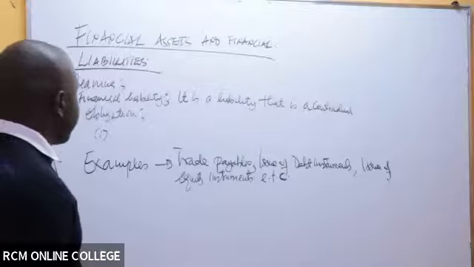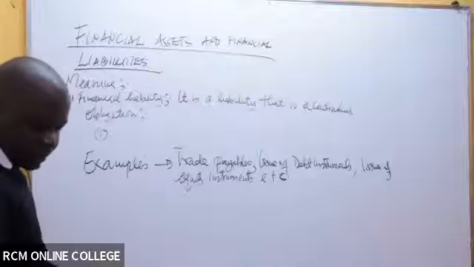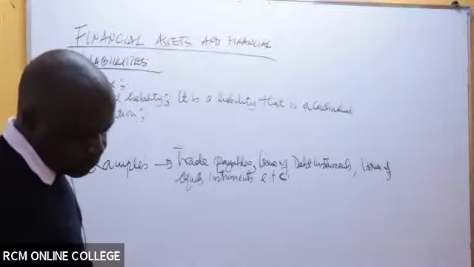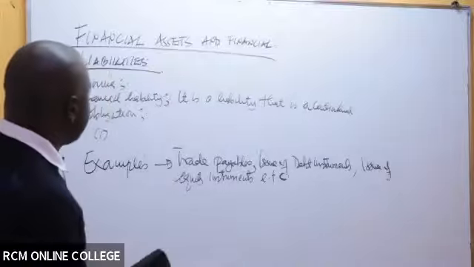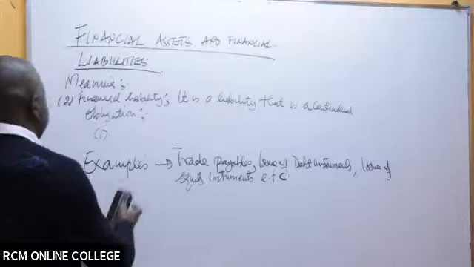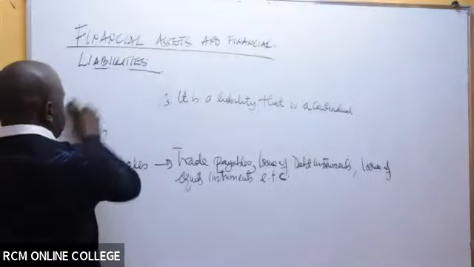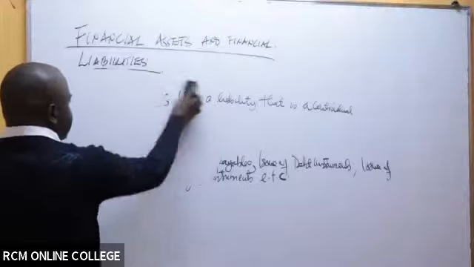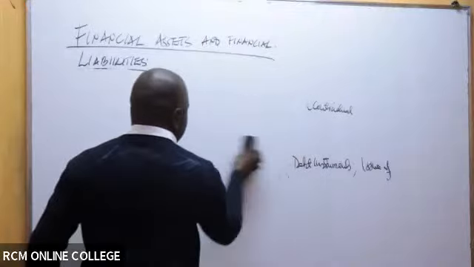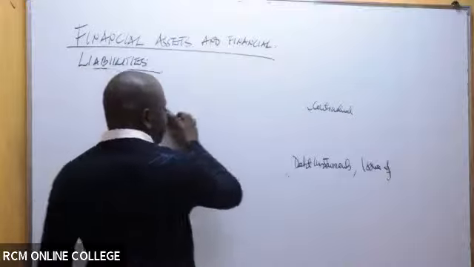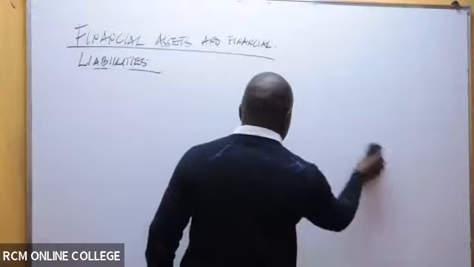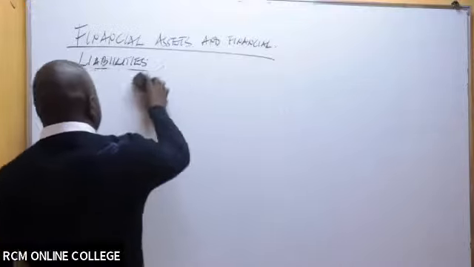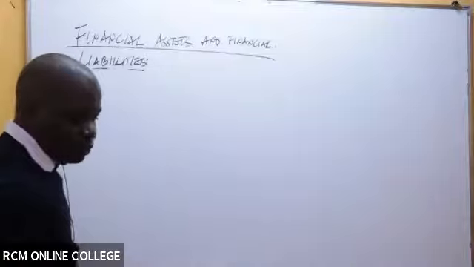The last thing you can write briefly is derecognition. Of course, once these contracts arise, you have to recognize them as financial assets. But there's a point in time when you'll have to derecognize them.